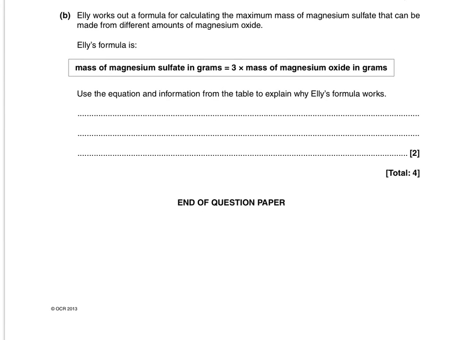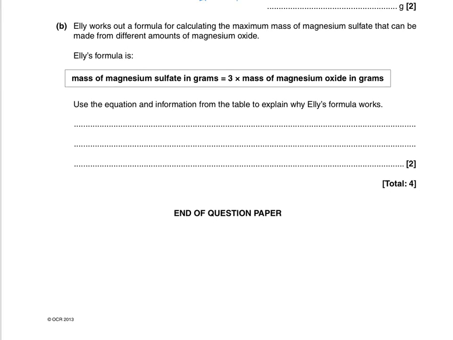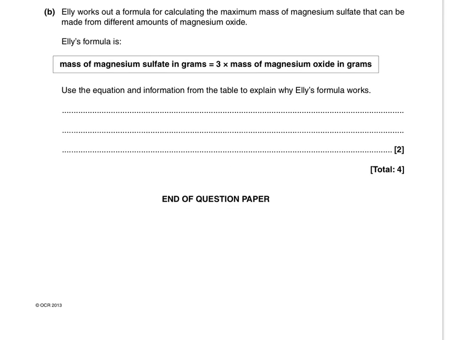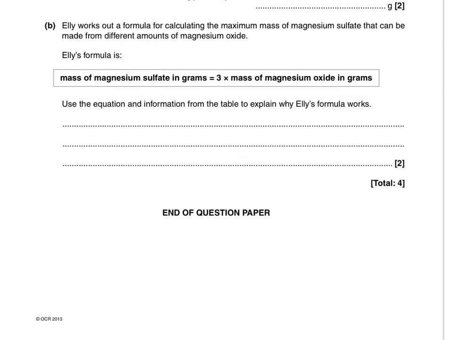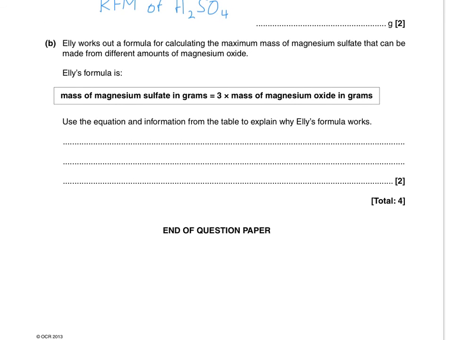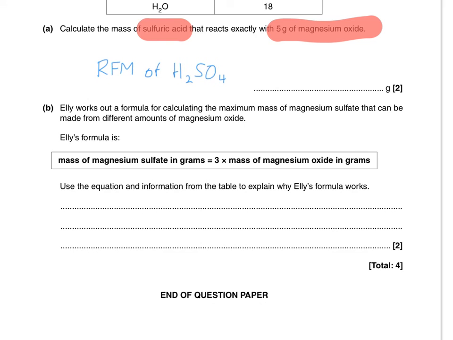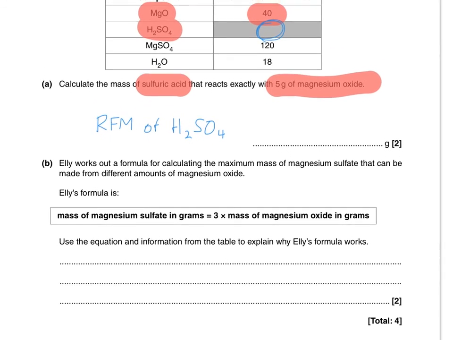Ellie works out a formula for calculating the maximum mass of magnesium sulfate that can be made from different amounts of magnesium oxide. Ellie's formula is: mass of magnesium sulfate in grams equals 3 times the mass of magnesium oxide in grams. Use the equation and information from the table to explain how Ellie's formula works.